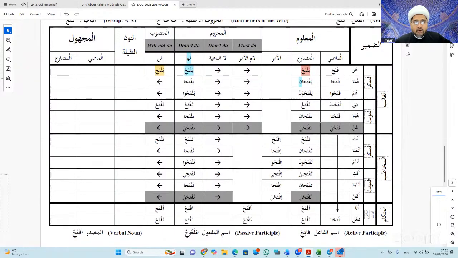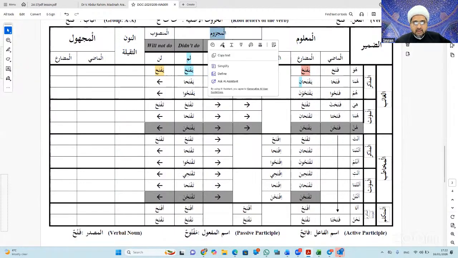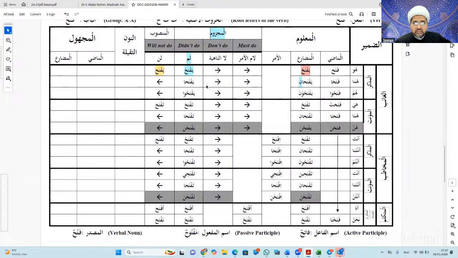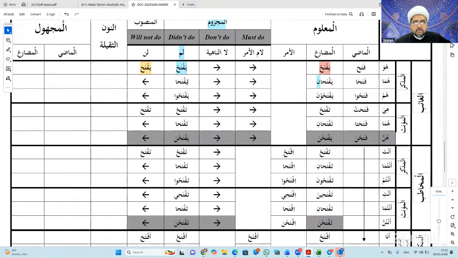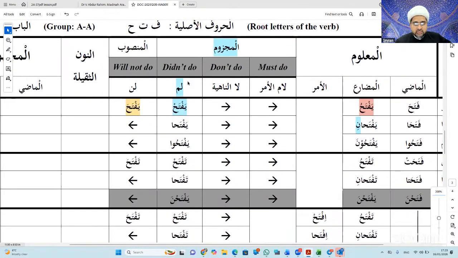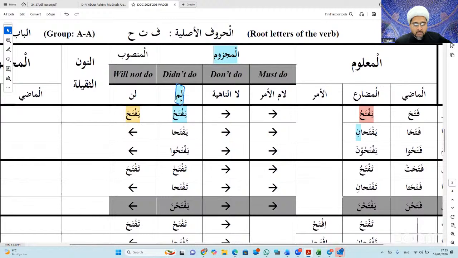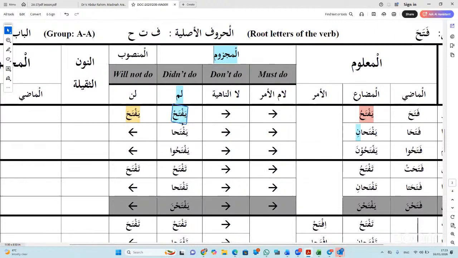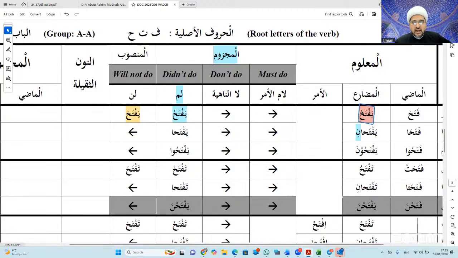It says here al-majzoom. Majzoom means jazm. Whenever lam comes, it makes the present tense singular verb receive a sukoon. Whenever lam comes, the last letter of the singular verb takes a sukoon. And yaftahu here, I'll write this down.